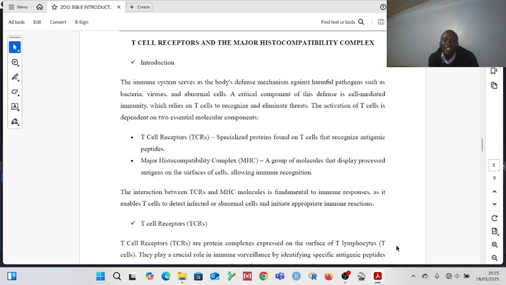Because once the T cell receptors, which are found on T cells, once they interact with the MHC molecules, then the T cells can now be able to detect whatever is infected, whatever is abnormal. Once the T cells have detected either something that is abnormal or infected, then they can now initiate the appropriate immune reaction.